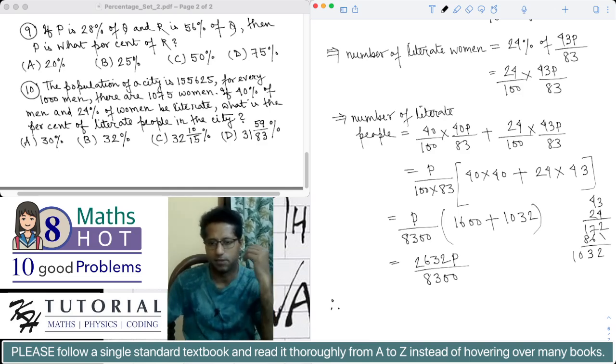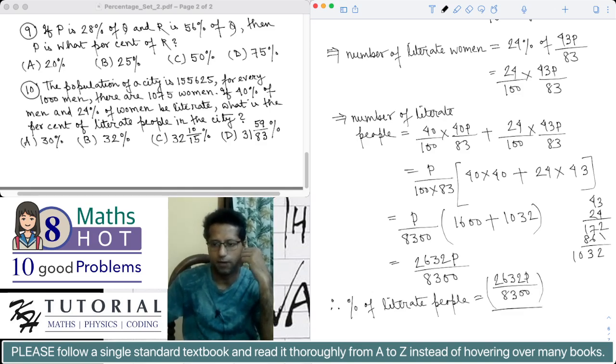So the percentage of literate people will be equal to 2632p by 83,000 whole divided by p multiplied by 100.